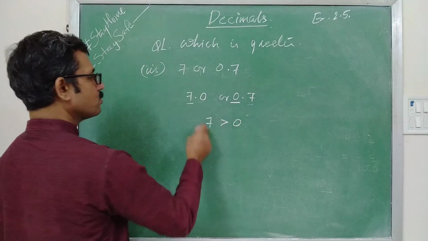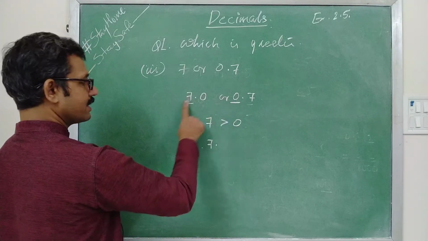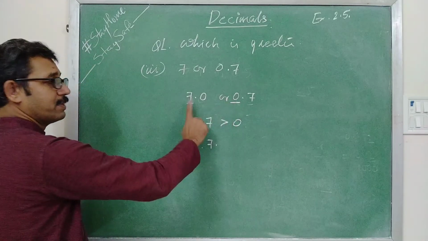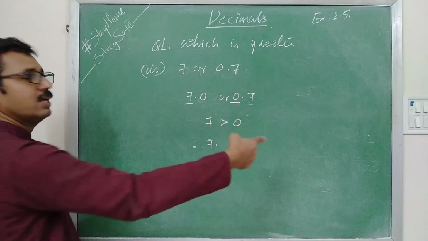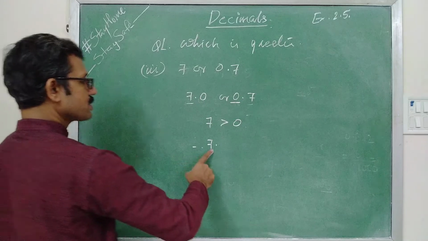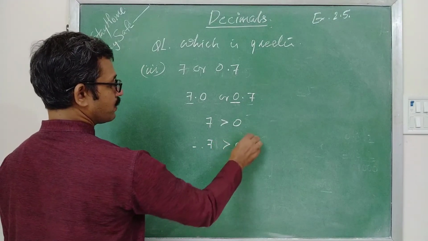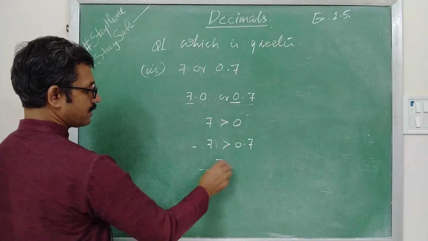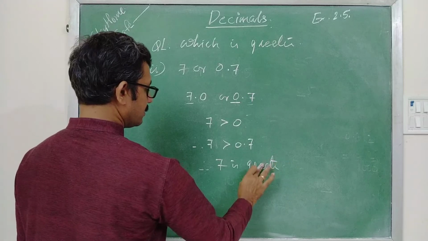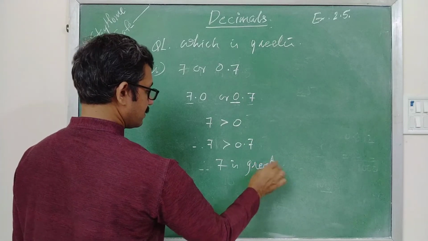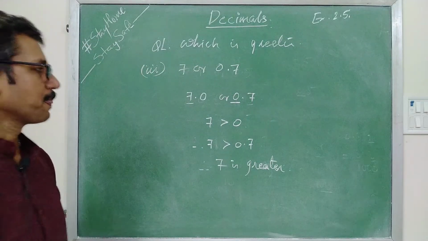If there is anything other than 0 in the whole number part, you have to compare it first. Then only you will go to the decimal part. So 7 is greater than 0.7. Therefore we can say that 7 is greater. Okay, like this you have to do. Sure? Do.